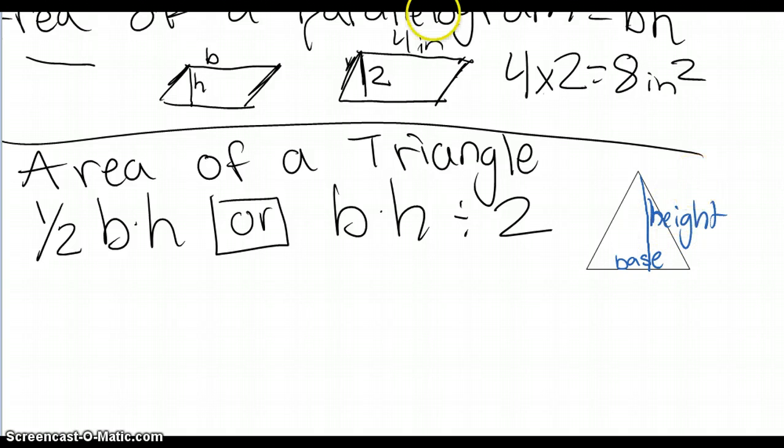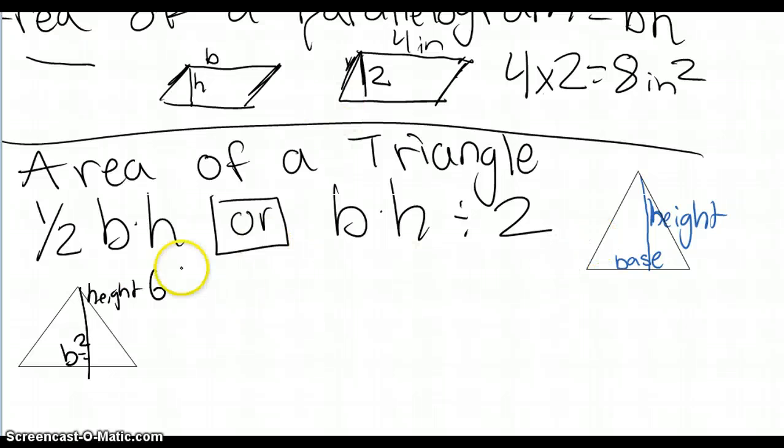So on another triangle, let's say the base is 2 and the height is, let's say, 6. Looking back at our formula, you would do 6 times 2 and get 12.